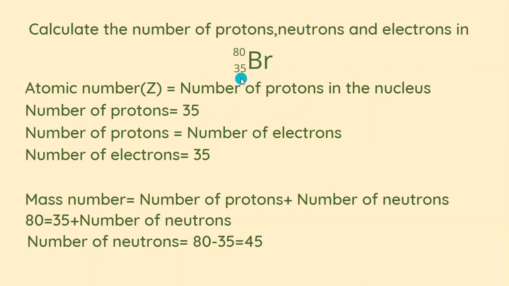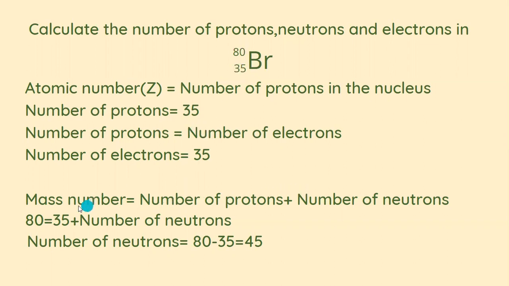So here the atomic number is 35 for bromine. So the number of protons will be equal to 35 because the atomic number equals the number of protons. And since the number of protons equals the number of electrons, the number of electrons is 35. So from the atomic number, we were able to calculate the number of protons as well as the number of electrons. Now the mass number is the sum of protons as well as neutrons, basically number of protons and the number of neutrons.